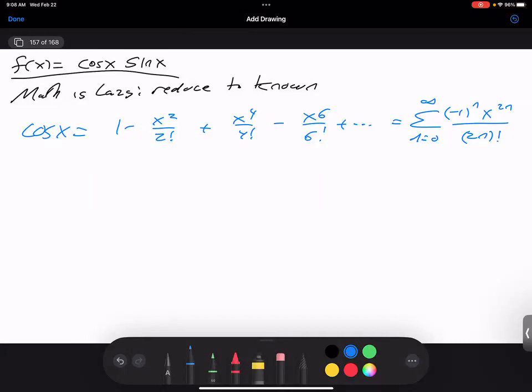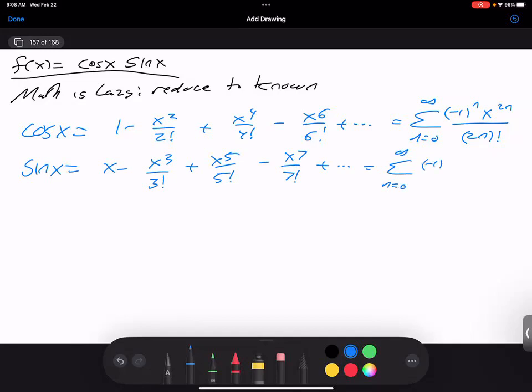I know what sine of x is. Sine of x is x minus x cubed over 3 factorial plus x to the 5th over 5 factorial minus x to the 7th over 7 factorial plus ... And that's the sum, n goes from 0 to infinity. It takes me a second to remember how I want to write this.